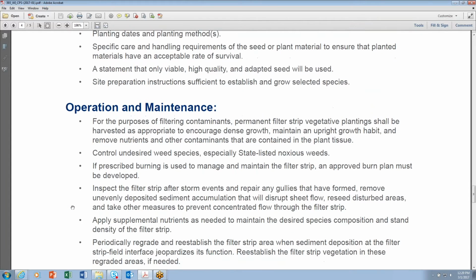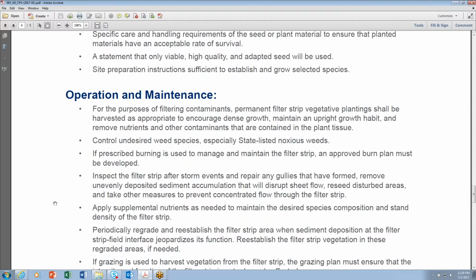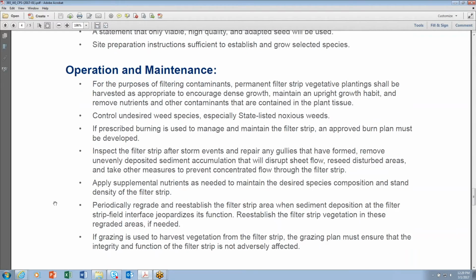The O&M is critical, of course, for every practice, but this one in particular, just to make sure that we're doing what we need to in order to make sure that this is going to maintain itself for the life of the practice, which is 10 years. So here we're looking at harvesting is encouraged.